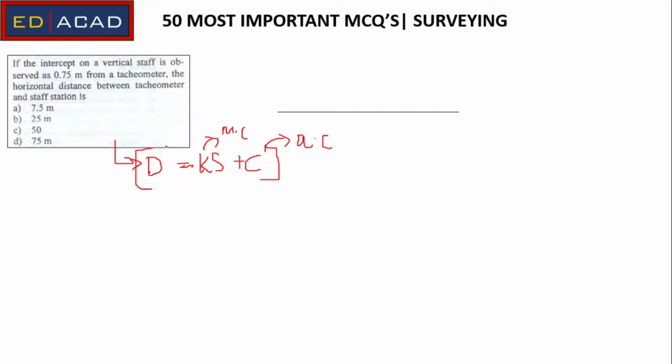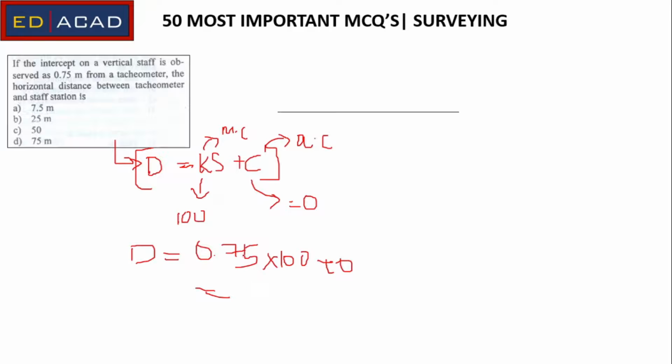So in case of a tacheometer, you should remember that we have multiplying constant value as 100 and the additive constant value equal to 0. So now let's use these values here. So D will be equal to, S value we have been given as 0.75 meter, the vertical staff intercept, and K we know it is 100 plus C we know it is 0. So this would come out to be 75 meters. So D would be the correct option.